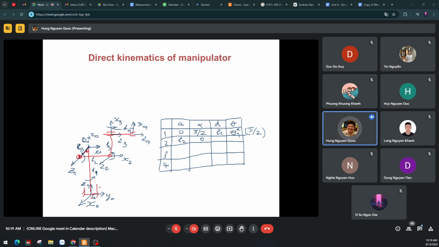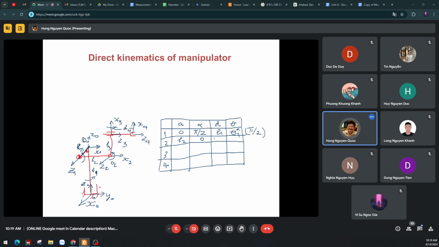Okay, and what is D2? D2 is the distance between O1 and O2. O1 is here, O2 is here. When you project O2 on this one, it lands at this point. So the distance from here to here is what?